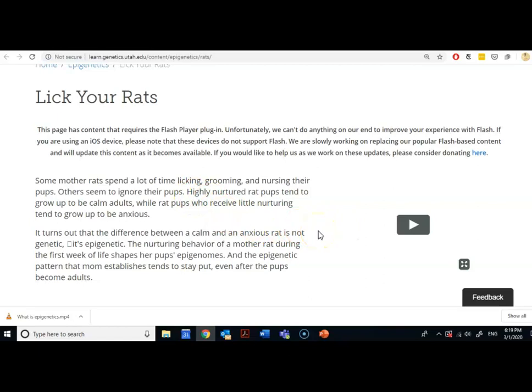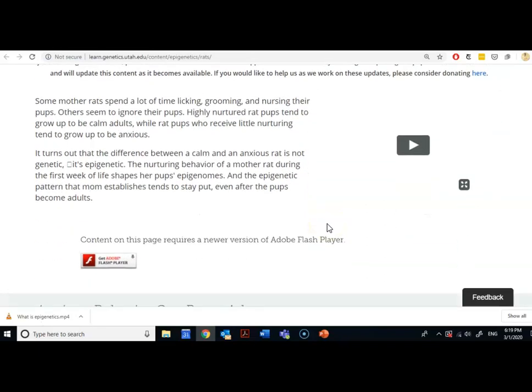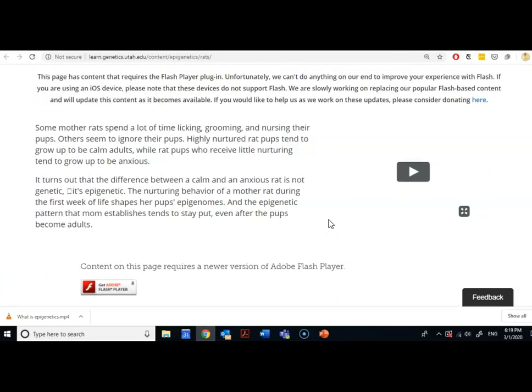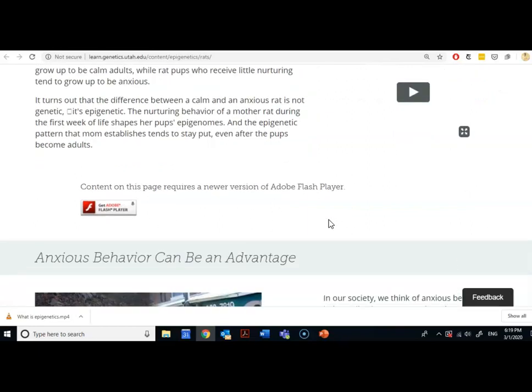The experiment is that there are some types of rats that lick their pups, and some of them don't. And apparently, those rats that lick their pups get some epigenetic inheritance from the behavior of their mother, and that's so interesting and very lovely.